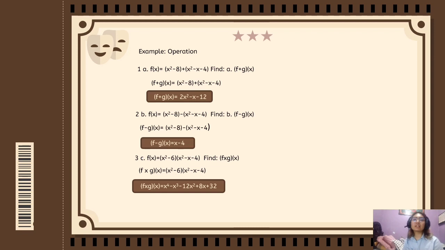Ayan na, pinultiply natin to. Therefore, ang sagot niya ay negative 10x squared.